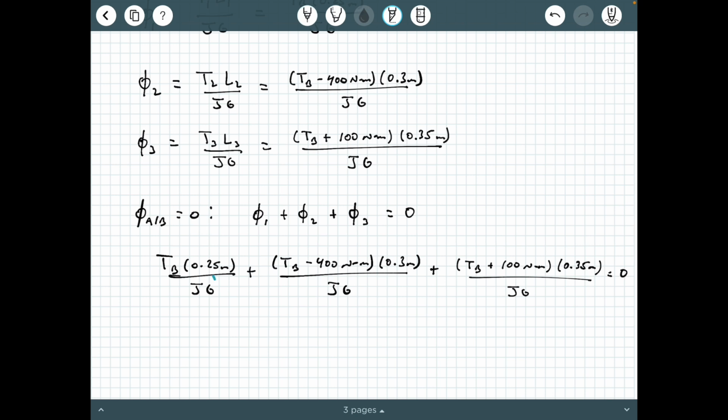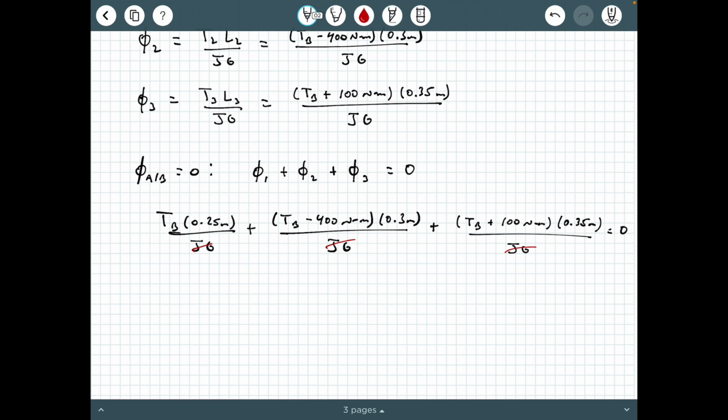Now, what do you notice here? You have a JG in all of these terms, and you have equals 0. So what you could do is, you could factor out JG and cancel it with the 0 on the right side of the equation. So then this starts to simplify down, right? You end up with, let me color code this a little bit better, you end up with 0.25 TB, and then you end up with plus 0.3 TB minus, and I'm going to kind of multiply some stuff out here, so minus 120 Newton meters squared there.